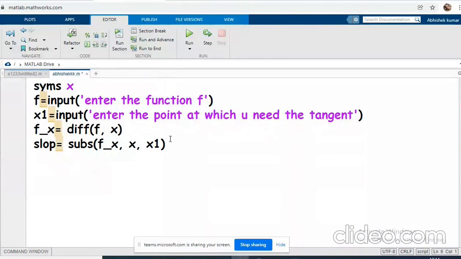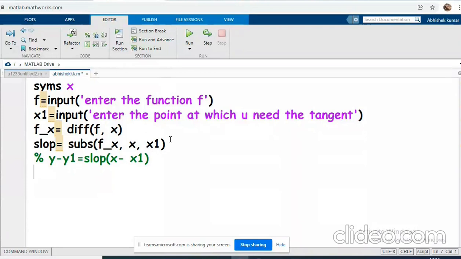Okay, fine. Now the equation of the tangent line: I'll put a percentage sign, this is not part of the program, this is for understanding. The equation of tangent is y minus y1 equal to slope times x minus x1, right?